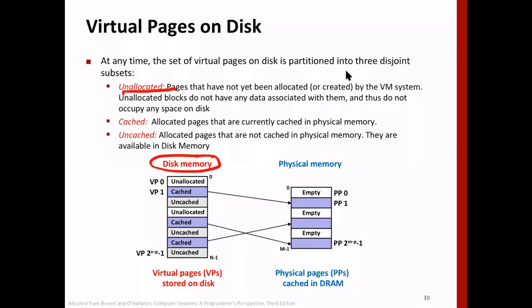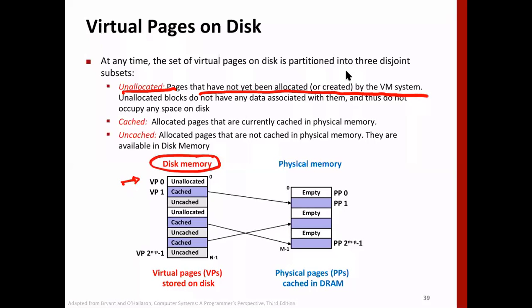The address space may have a corresponding page number, but the process need not use everything. So something that is not there in the virtual address space will also not be there in disk memory. It may not contain anything, so it's called unallocated. It means these pages have not been allocated or created by the VM system.